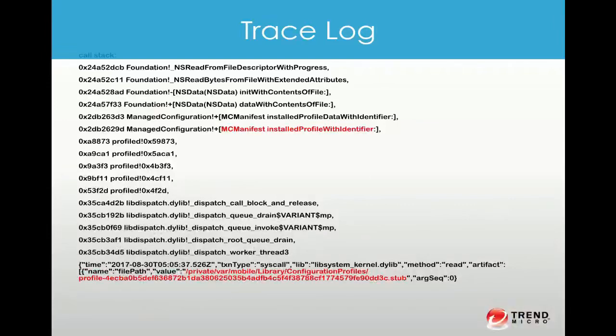At the bottom, we can see that the file system read or write is towards the private configuration profile, which is the data profile. We can also see the data profile file name, and we also get the file content of the data profile.